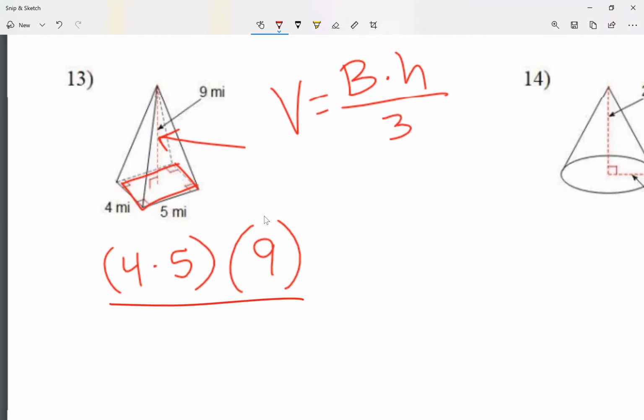Now my result, I'm going to divide by 3. So I'm going to go 4 times 5 times 9 divided by 3. In this case, I get 60. So I just went for the area of the base times the height divided by 3. Don't forget dividing by 3 for pyramids and cones.